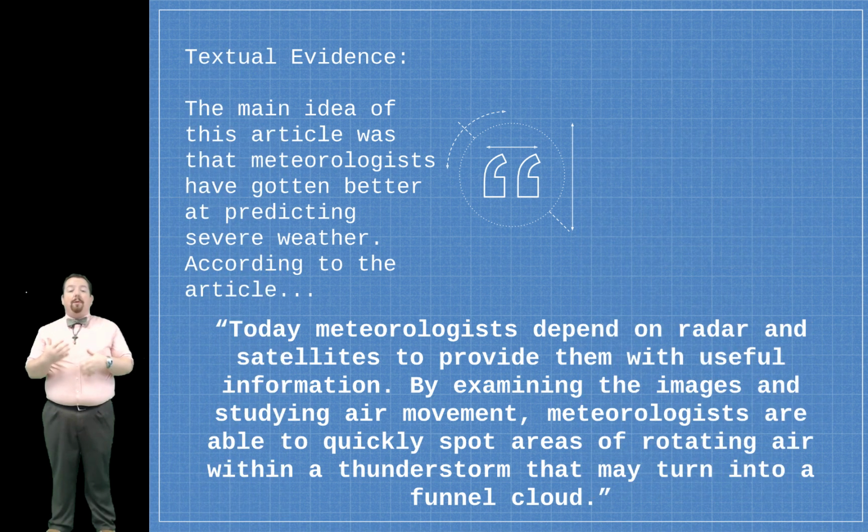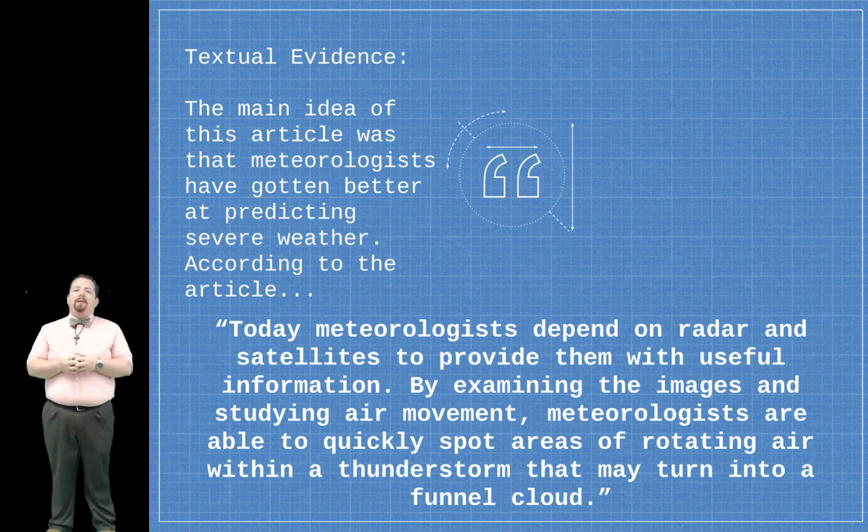When we talk about textual evidence, remember that's like a quote that you might pull out of the article to prove your point. So in this case, my point is that I'm trying to tell somebody that the main idea of the article was that meteorologists have gotten better at predicting severe weather. According to the article, "Today meteorologists depend on radar and satellites to provide them with useful information.